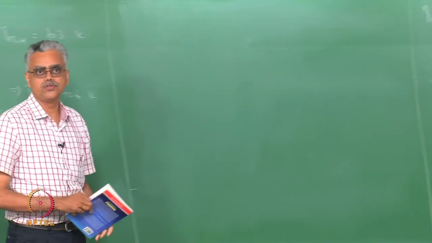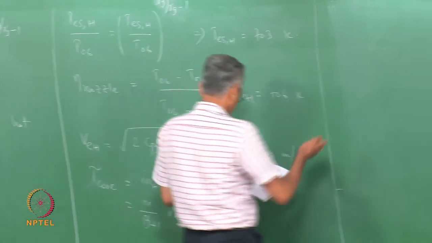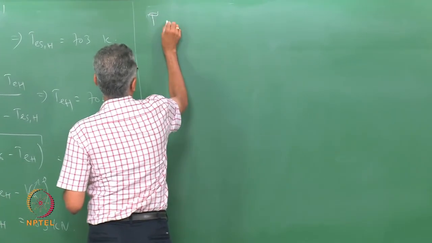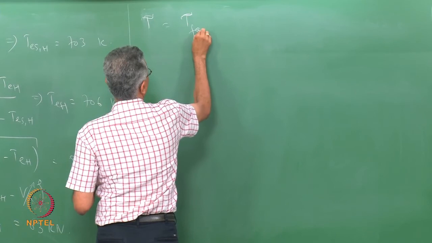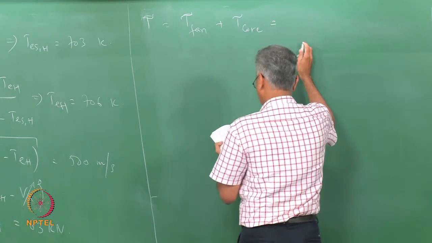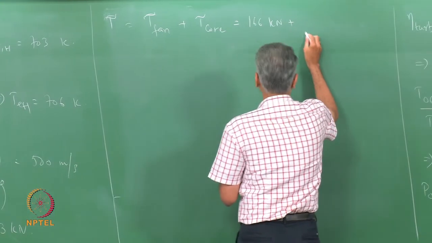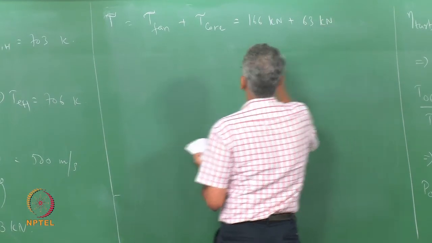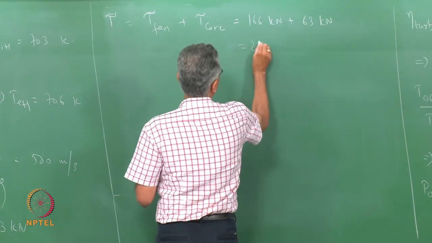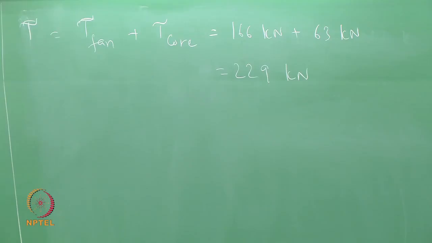So total thrust T is equal to thrust produced by the fan plus thrust produced by the core engine, and this comes out to be 166 kilonewton plus 63 kilonewton, which is equal to 229 kilonewtons, which encouragingly compares extremely well with the value reported by the manufacturer.